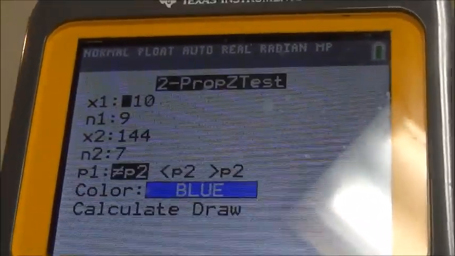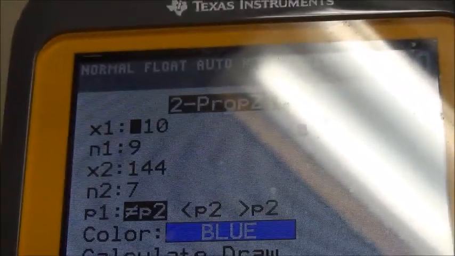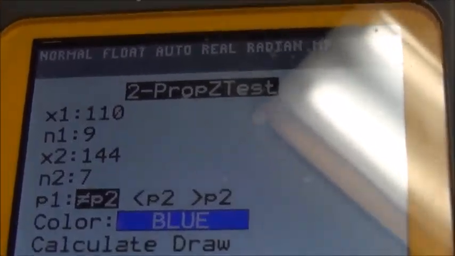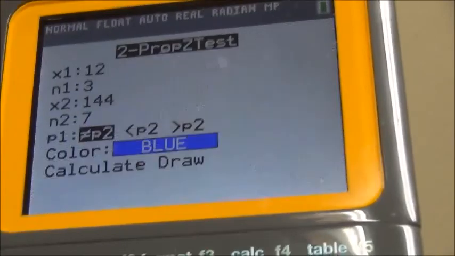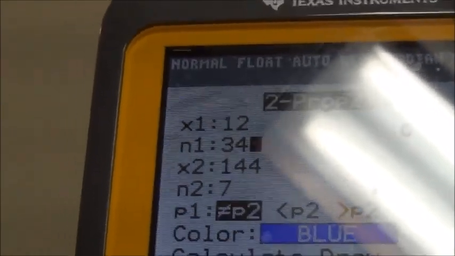And so when I have X1 and N1 for my first sample, I had 12 out of 34. So X1 is going to be my 12, N1 is going to be my 34. For my X2 and my N2, I had 17 out of 24.